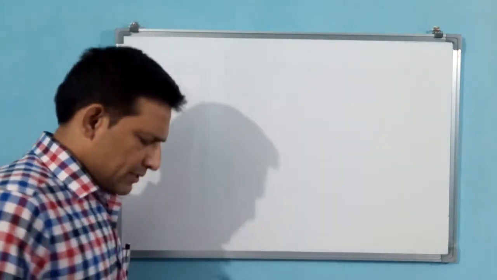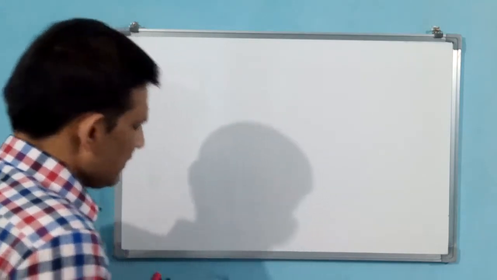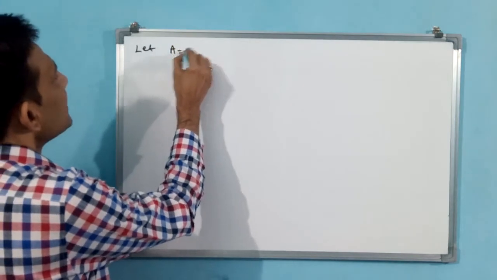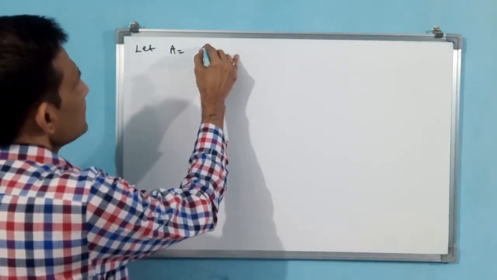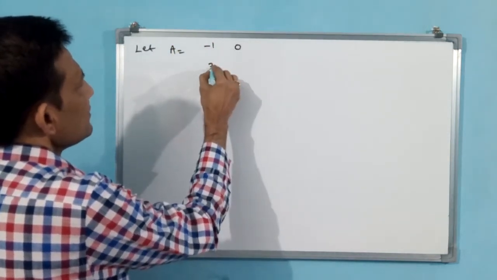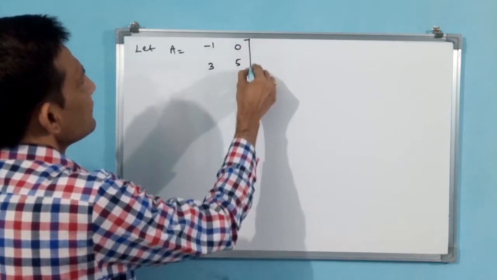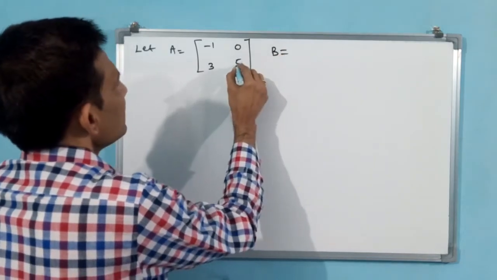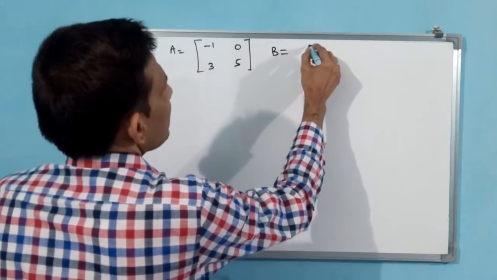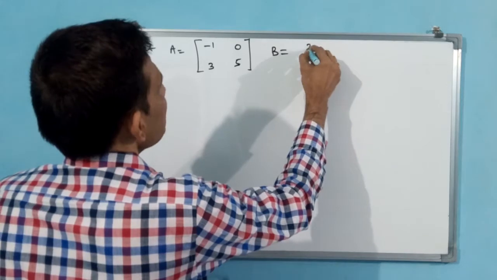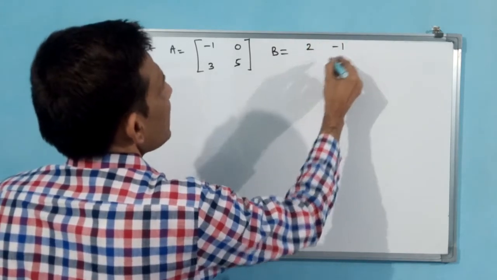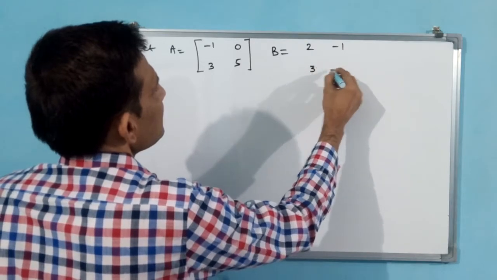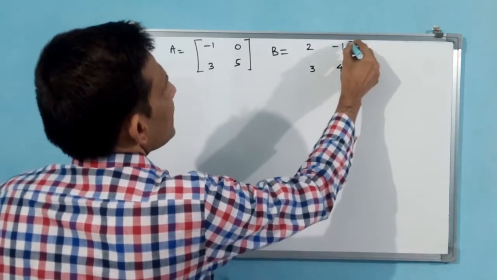We will take a simple example. Let A is equal to minus 1, 0, 3, 5. B is equal to 2, minus 1, 3, 4.